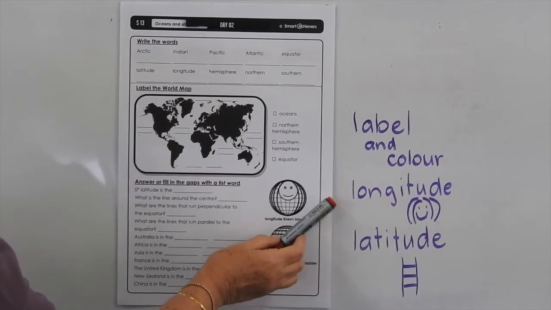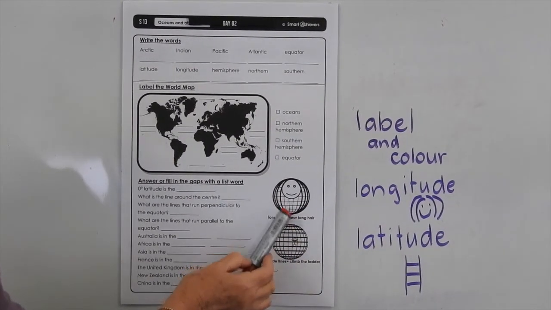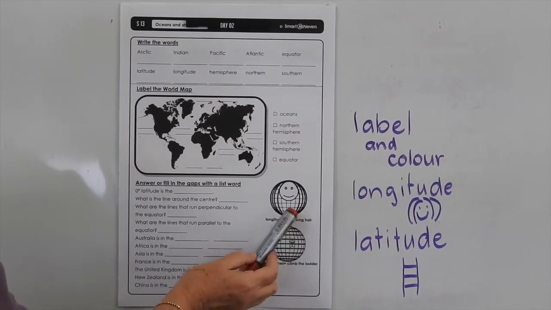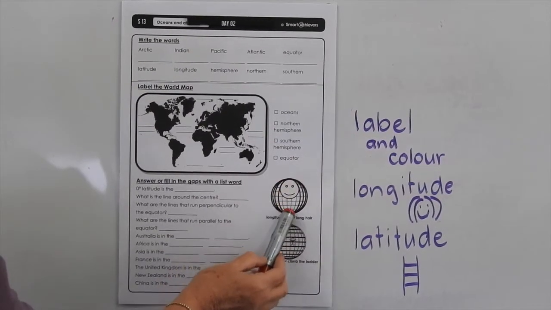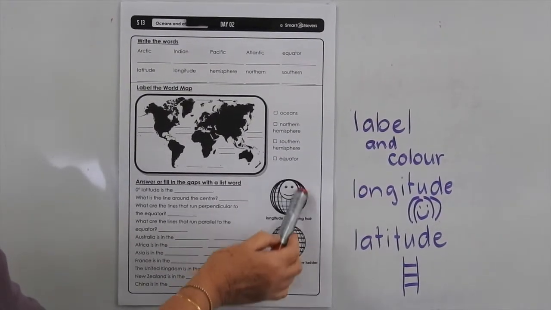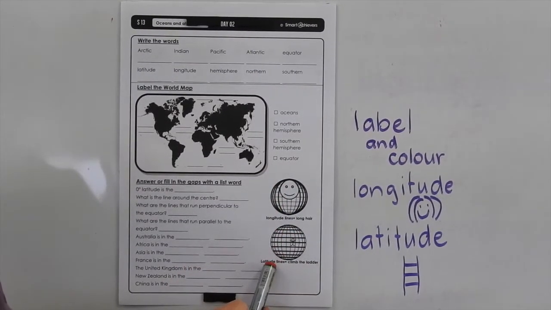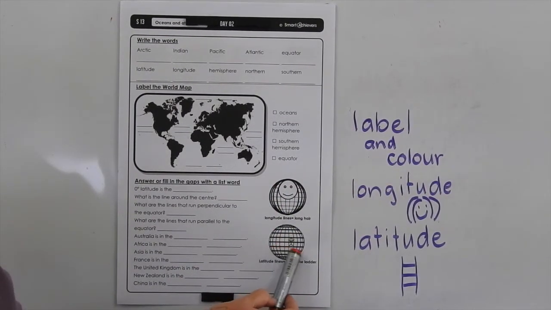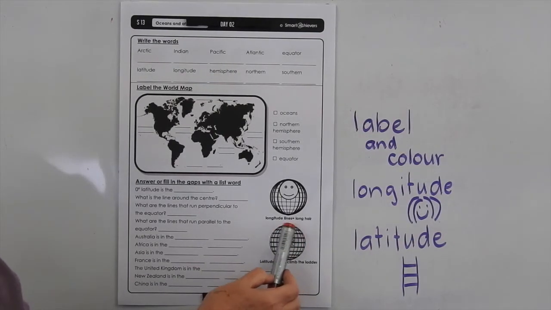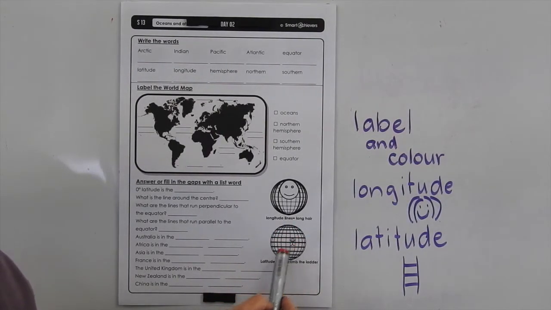And just as an easy way to remember longitude and latitude, we've given you the idea that longitude means like long hair, so you can see the lines going vertically, and latitude is like climbing a ladder, where they're the lines that go across the globe.